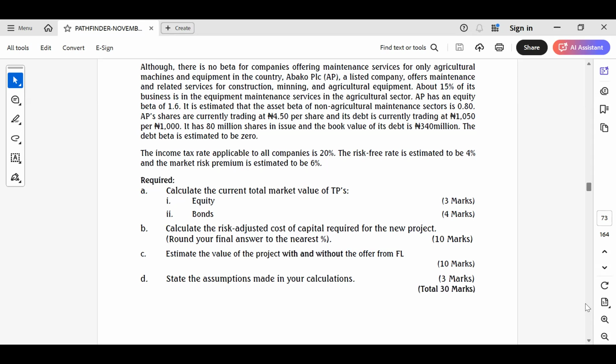Then in step 2, we are going to be calculating the risk-adjusted cost of capital, and our answer is going to be in the nearest percentage. Before we go there, let's go back to the board. I want to quickly explain something.